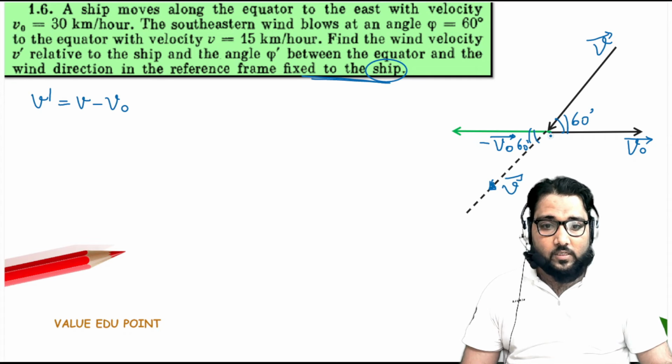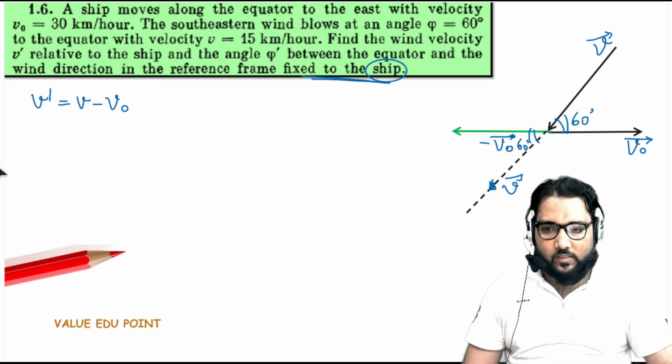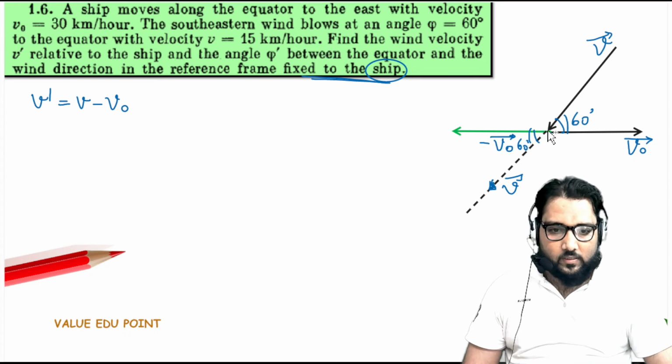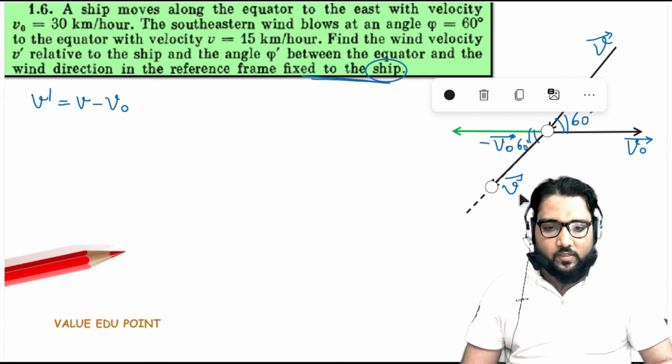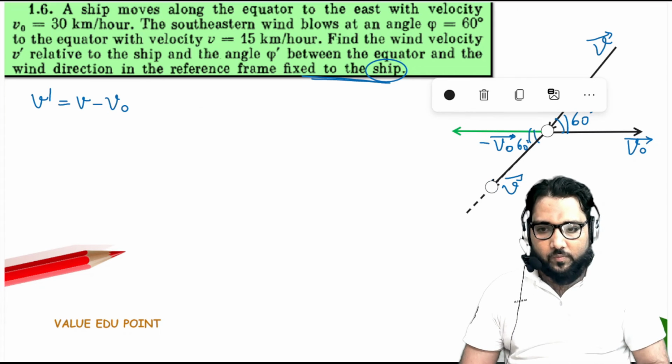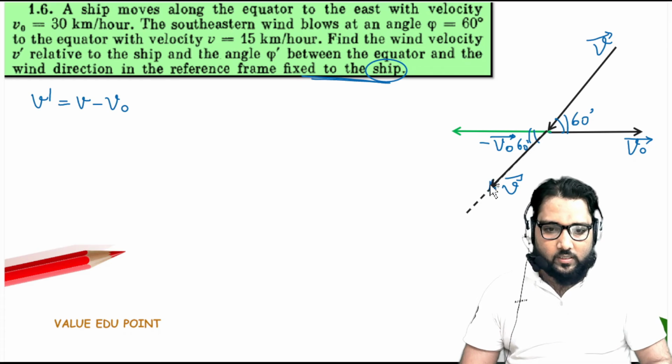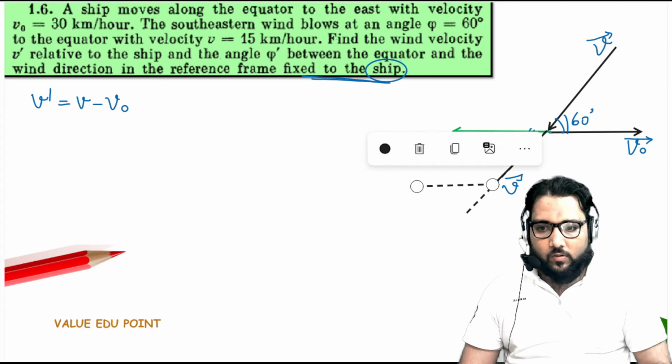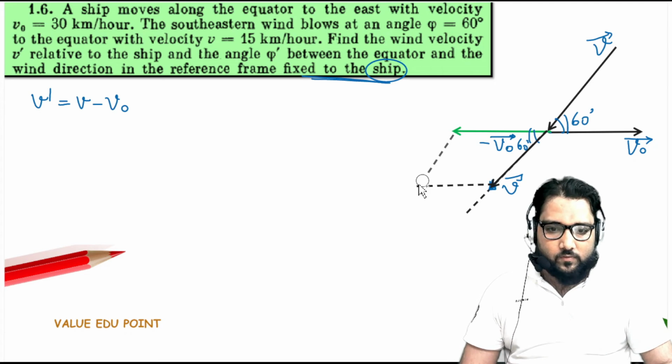This vector is v dash. Now, from the parallelogram theorem, you can check. We can calculate the result of this.